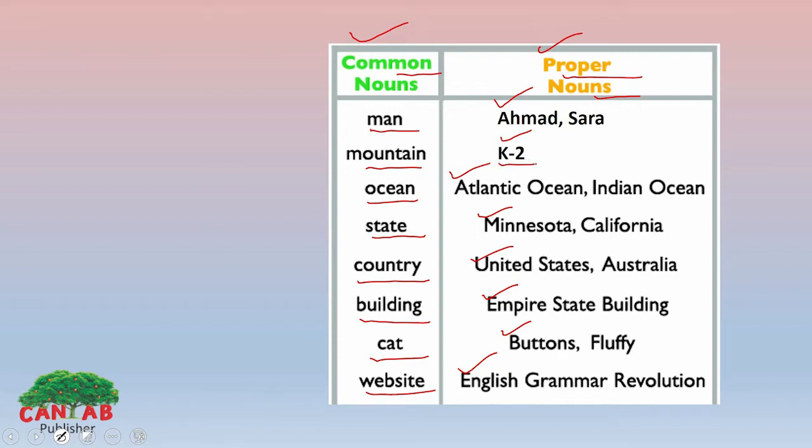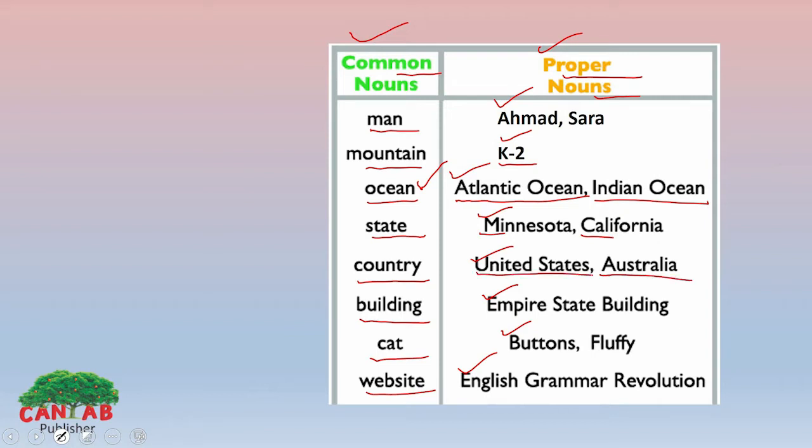Look at this. Common noun, it can be any ocean, but here in proper noun, two ocean names are specified: Atlantic Ocean and Indian Ocean. Look at the state: Minnesota and California. Country: United States and Australia.